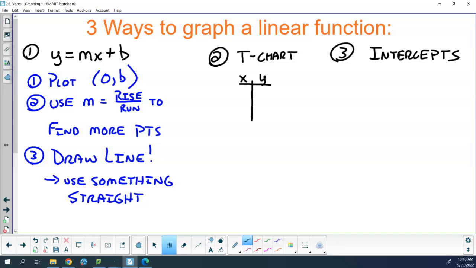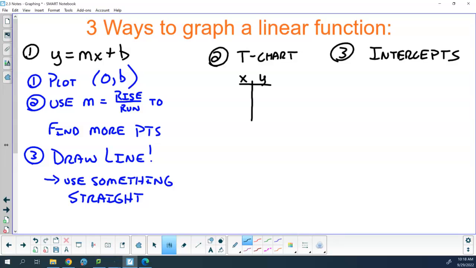The downfall with this method, okay? The other 2 methods work 100% of the time, every time. The downfall of the intercept method is you might have a fractional x or y intercept, and then that's not so nice. Okay? But it still works.